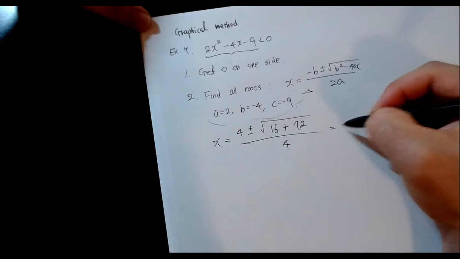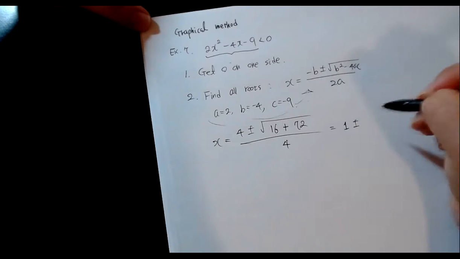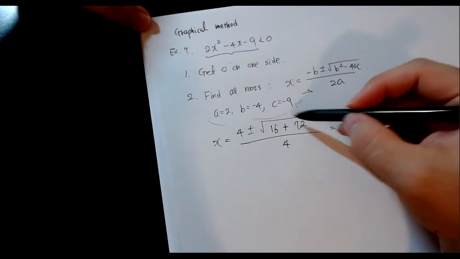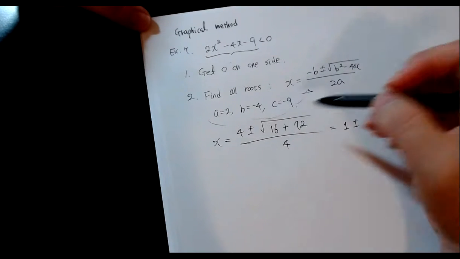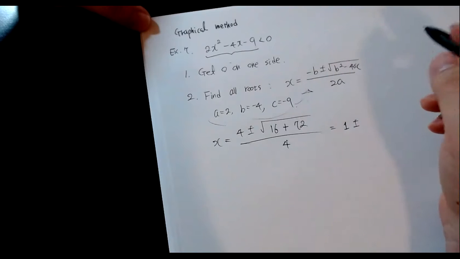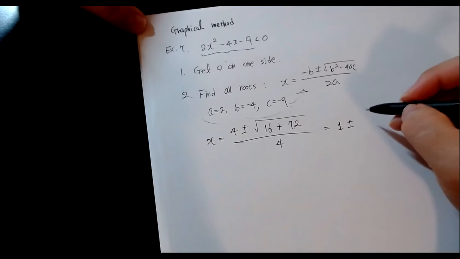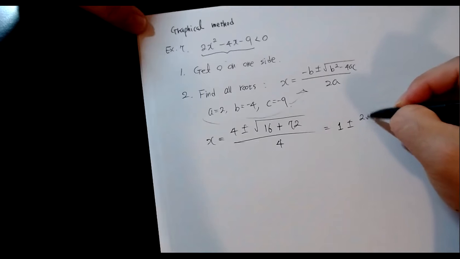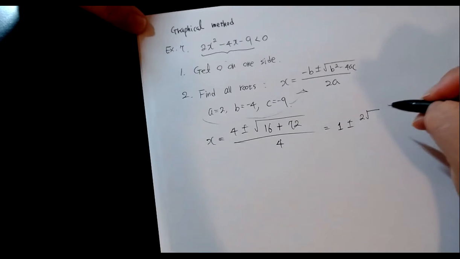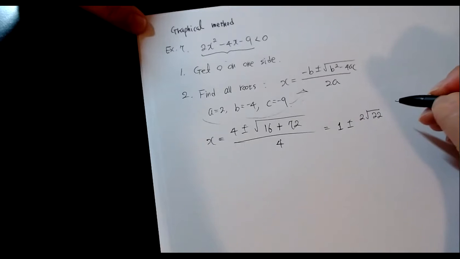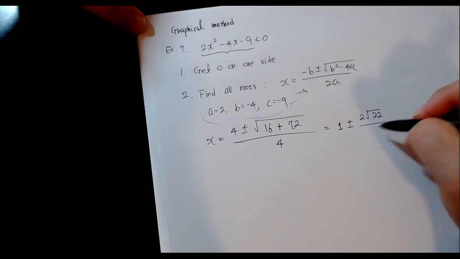So this is going to be plus minus, and then 16 plus 72 is 88, right? 88 is 2 times the square root of 22, over 4.